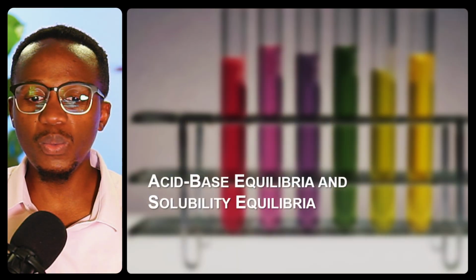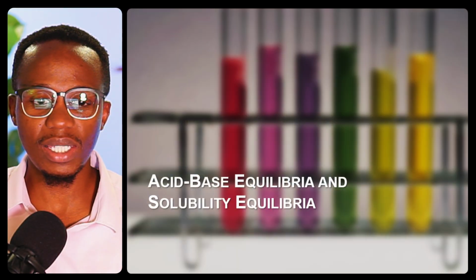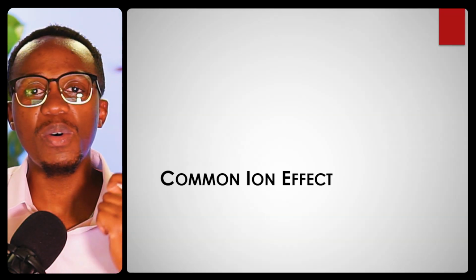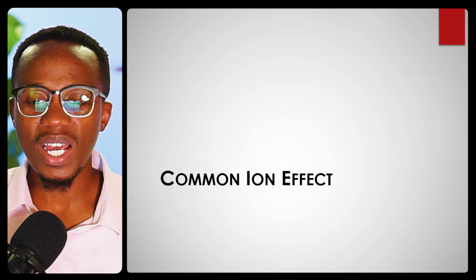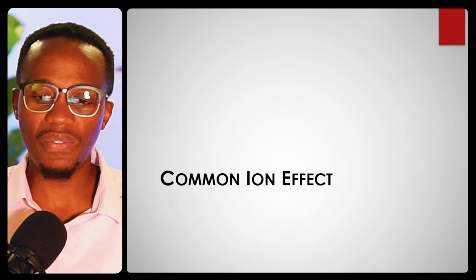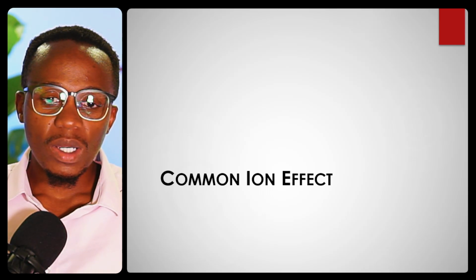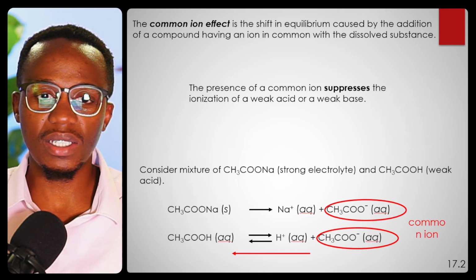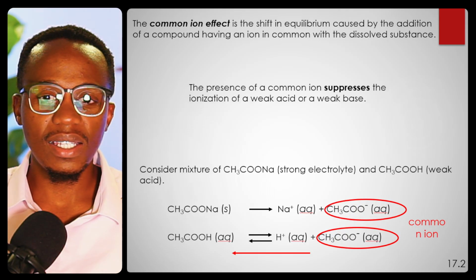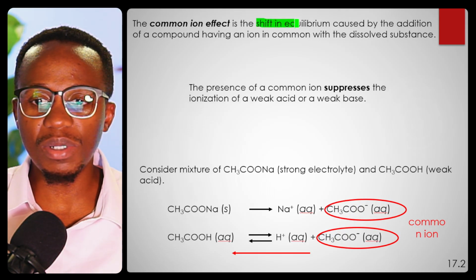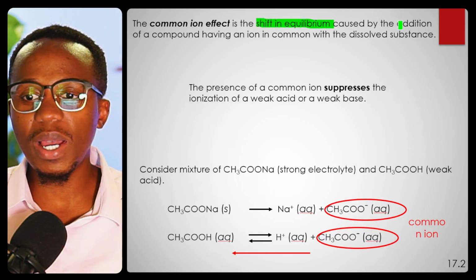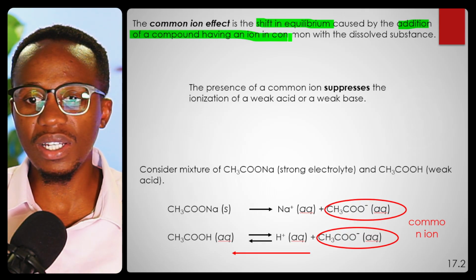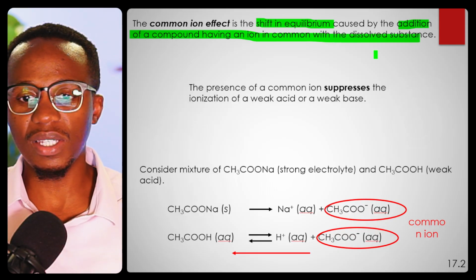So we're going to start with acid base equilibrium, and actually let's start with something called the common ion effect. What is the common ion effect? Well, the common ion effect is the shift in equilibrium that is caused by the addition of a compound having an ion in common with a dissolved substance.